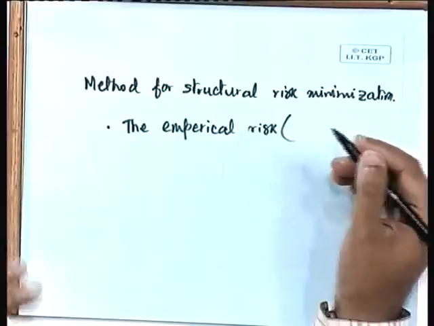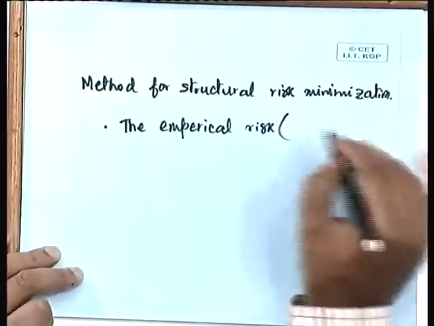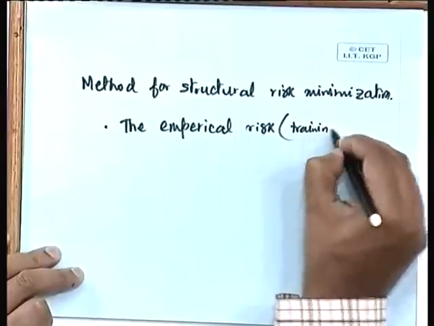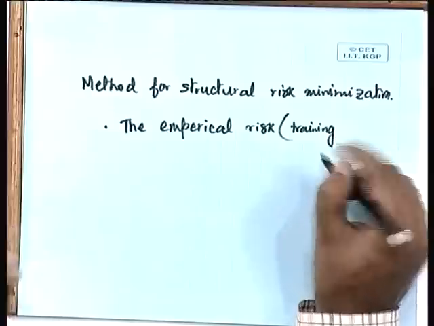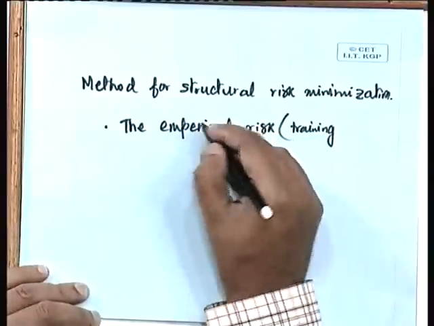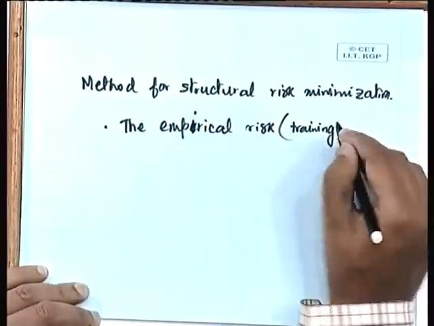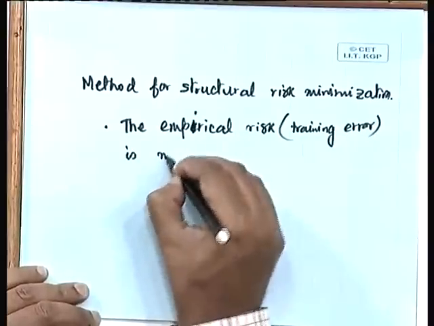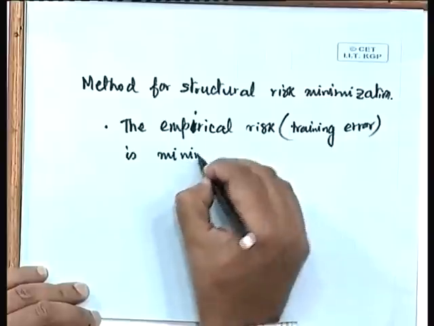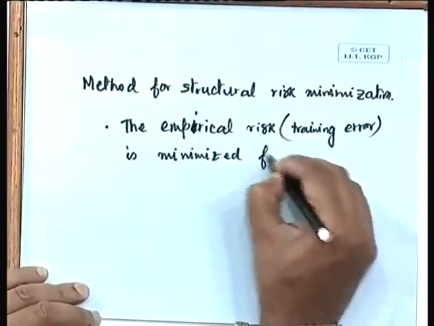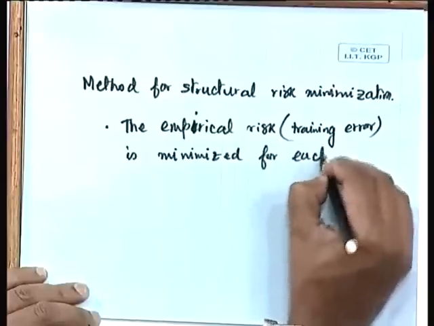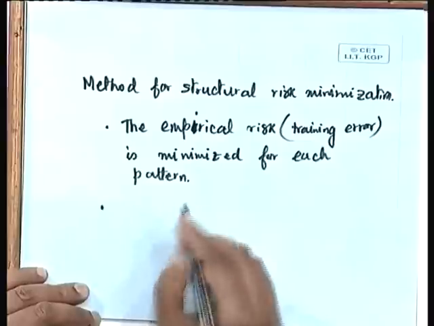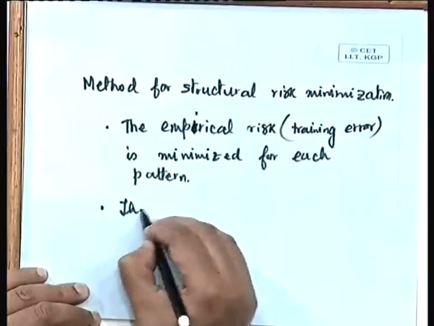Different books and literature sometimes call it empirical risk, sometimes training error, because training is after all empirical data. So that's why this is empirical risk or training error. Okay, and then you determine the pattern classifier.